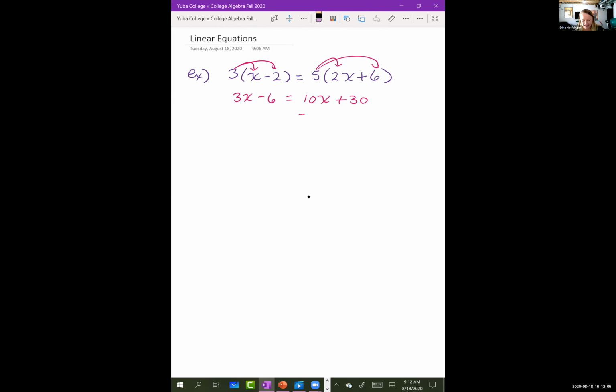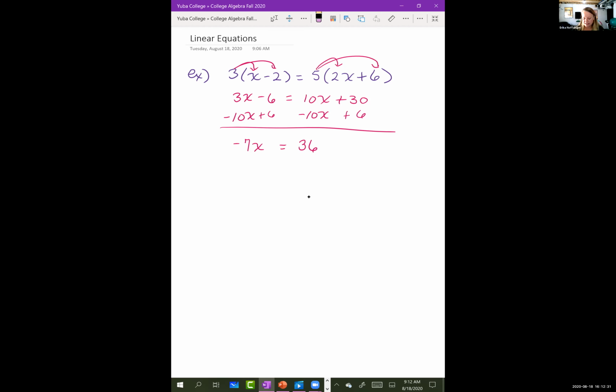Whatever you do to one side to keep it equal, you have to do to the other side of the equation. So if you subtract 10x on both sides and add 6 on both sides, combining like terms, 3x minus 10x is negative 7x equals 30 plus 6, which is 36. We got the term with a variable by itself, constant on the other side.